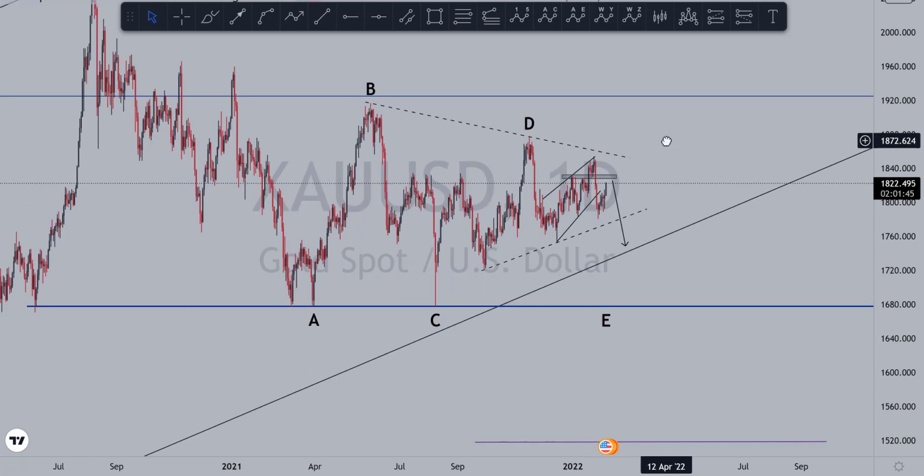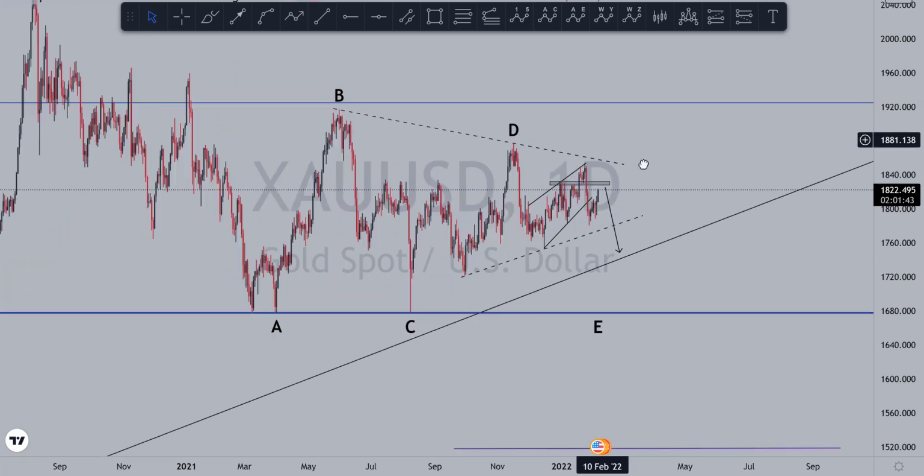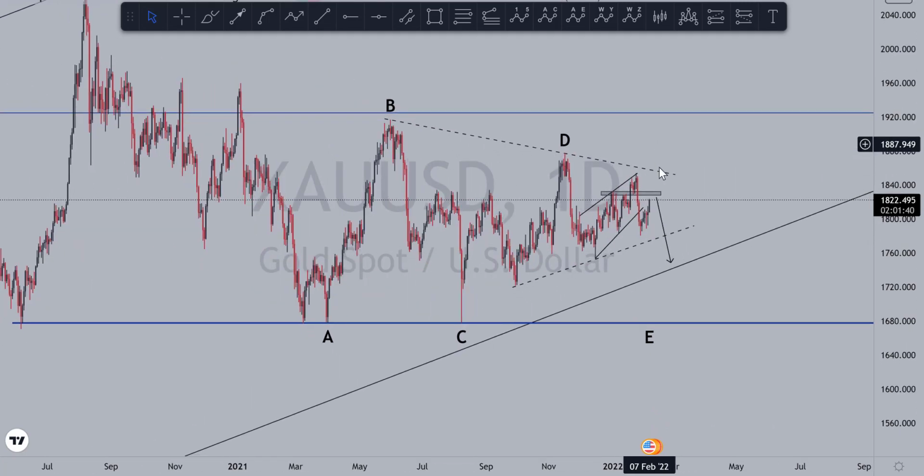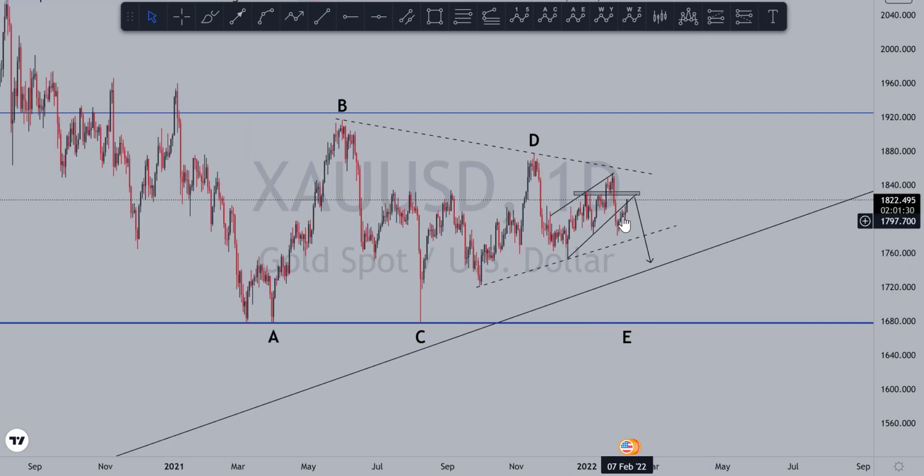So what am I expecting on gold? I'm expecting this to either respect this trend line, and if they respect this trend line, then they will continue selling. But we can see now they're trading through the trend line. If they close inside the trend line, then I will be expecting them to come back to test this area of support and resistance.